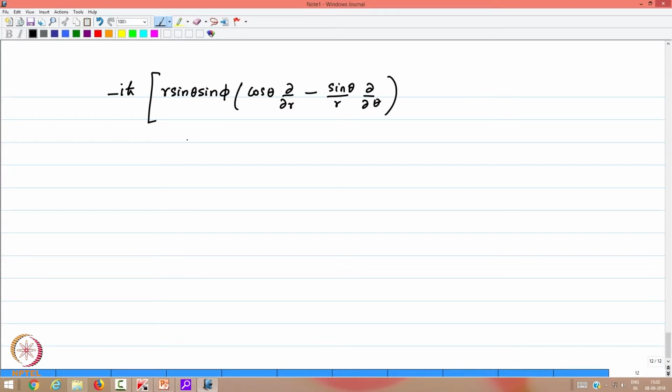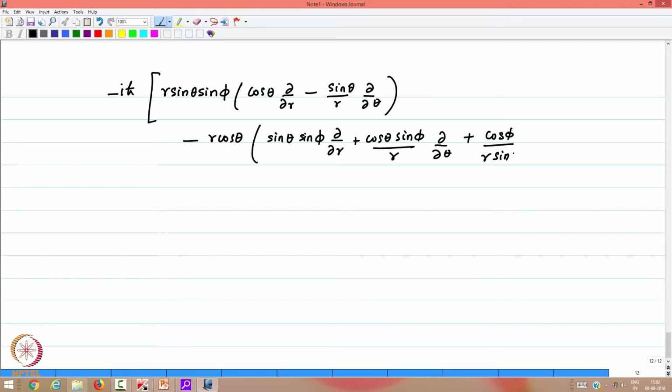The other one is z d by dy, therefore minus r cos theta times sin theta sin phi dou by dou r plus cos theta sin phi by r dou by dou theta plus cos phi by r sin theta dou by dou phi.